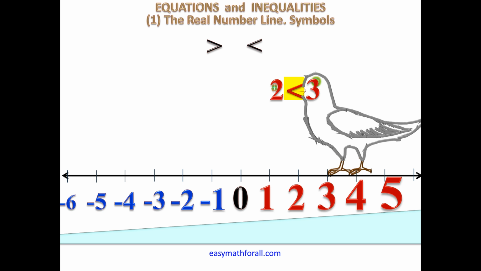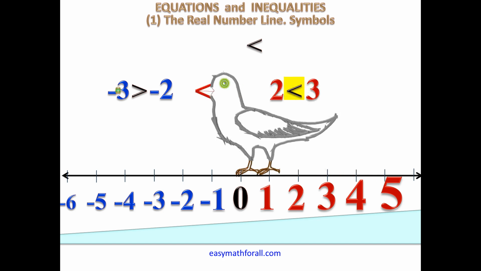Let's try two negative numbers, -3 and -2. Looking into number line, we see that -2 is greater than -3. So we have two options. Which one to use? Let's start the first one. And our expert is going to check.